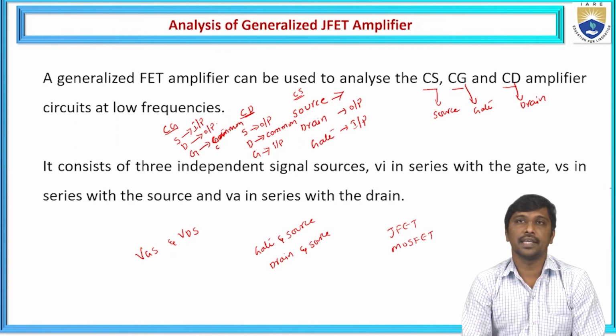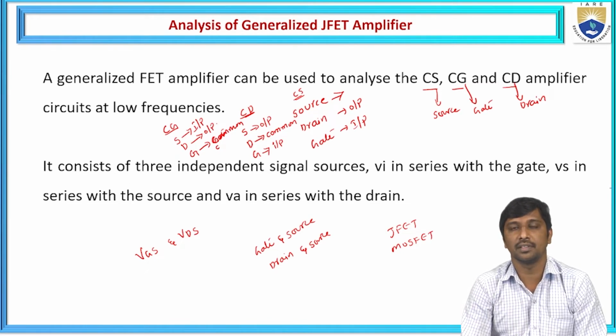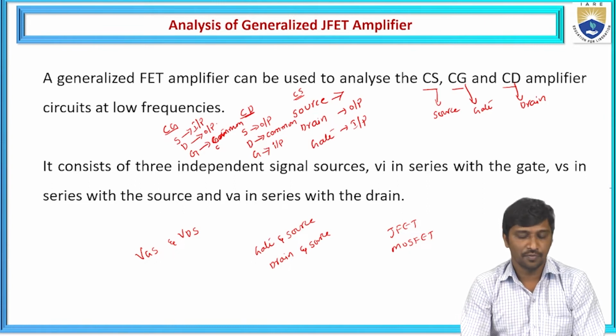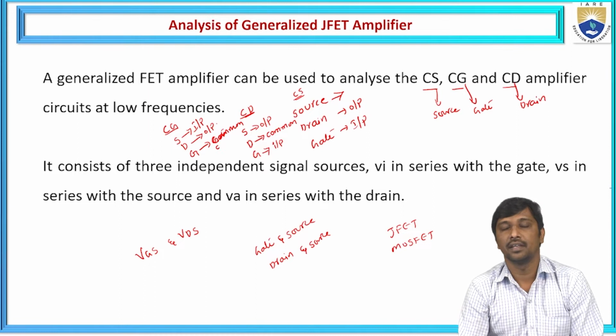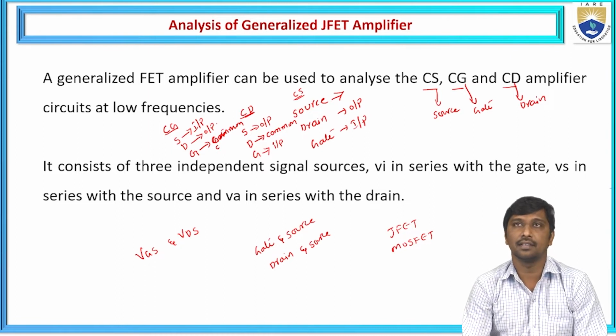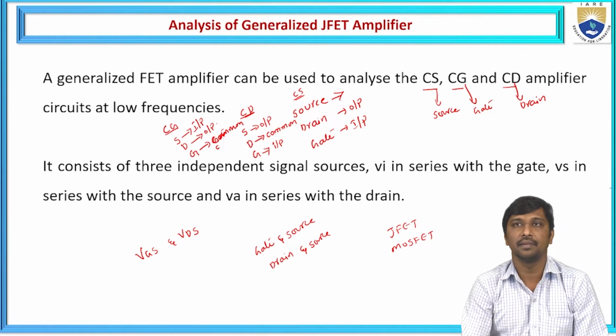If output is taken across the source, that belongs to a common drain amplifier. So hence, to analyze this generalized JFET, from the generalized model we can configure any one configuration, like common source, common drain, or common gate.